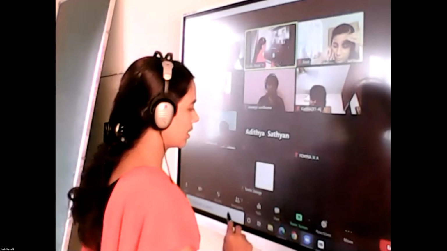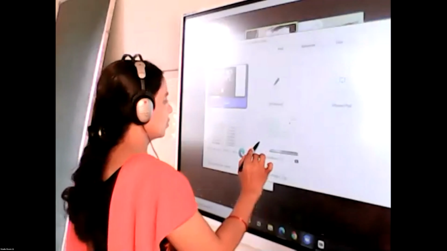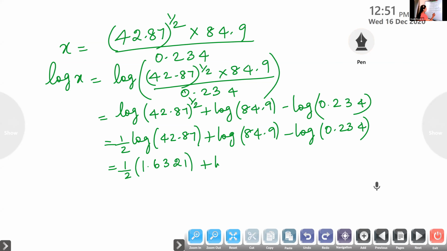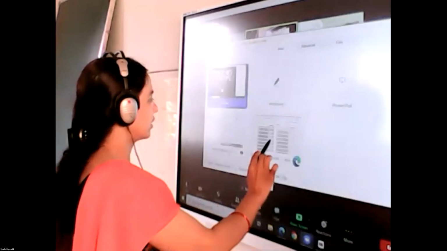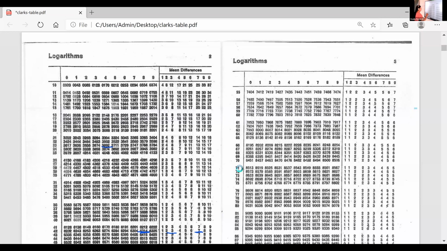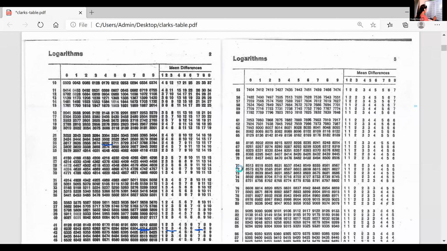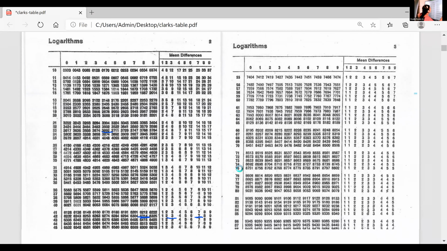Okay, once again, let's complete this one and I'll explain that. So 0.6321. Is it correct, Aditya Satyan, up to this? Then we want to take log of 84.9. That is 1 point something. What is log of 84.9 we got? 1.9289, isn't it?